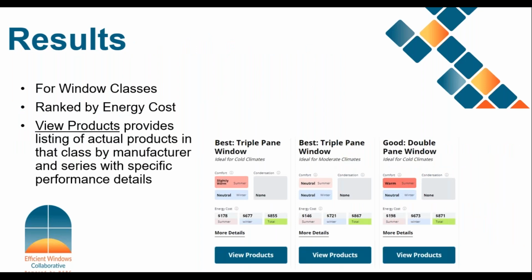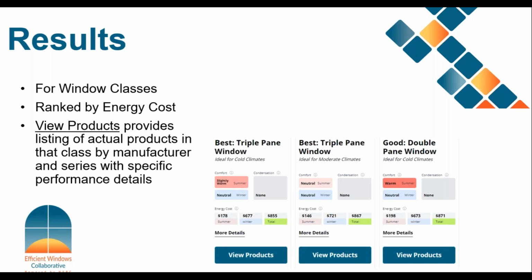If you want to look at the results, we are reporting results for the different window classes. Those classes have performance ranges. If your window has a 0.25 U-factor, it is in a class of U-factors from 0.23 to 0.30.